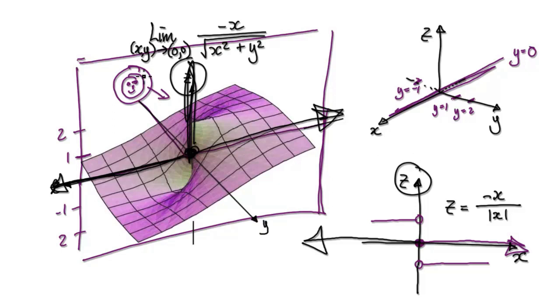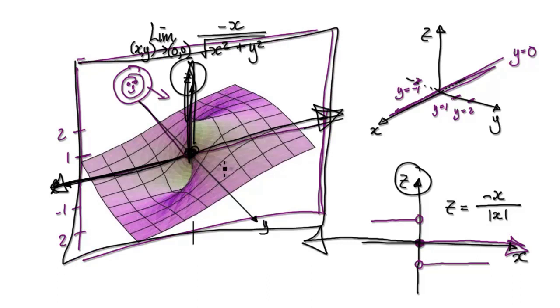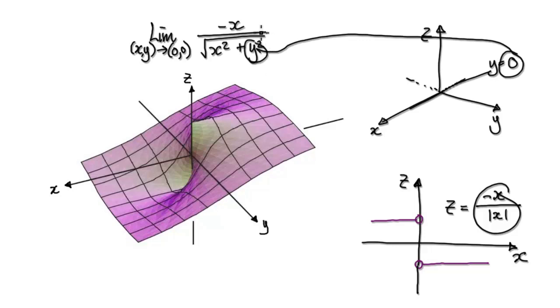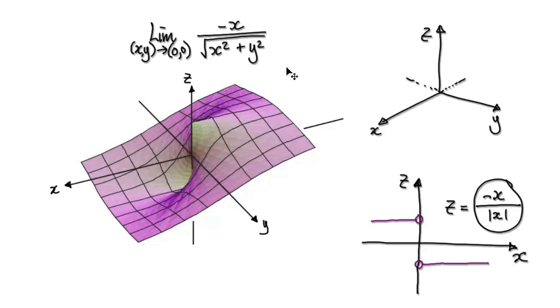Where the vertical sheet of paper intersects with the surface, it will look something like this, with this equation, because when you put y equals 0 into here, this whole equation becomes this. When you put 0 into the y, this thing here disappears, leaving you with -x over square root of x squared.